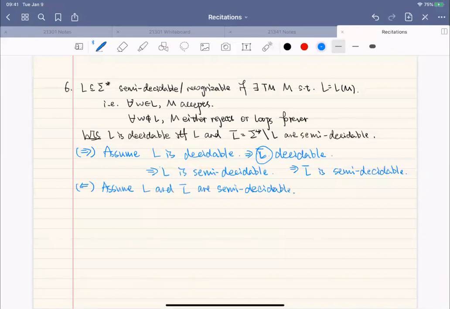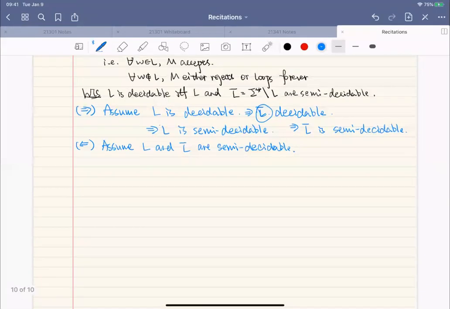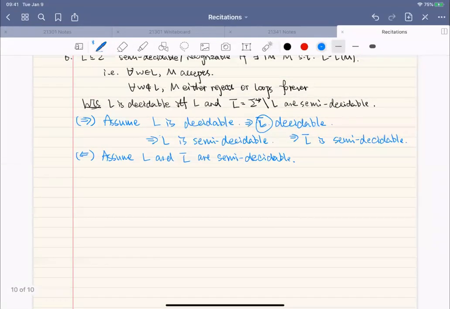From the assumption, we know that there exist Turing machines that recognize L and L complement. Say the Turing machine for L is M, and the Turing machine for L complement is M prime.